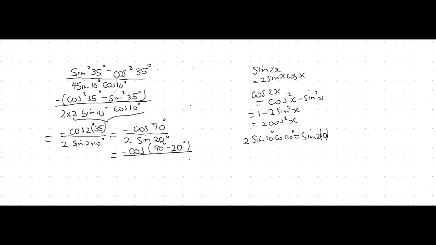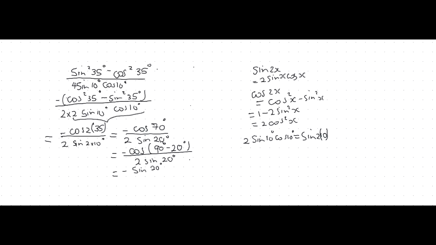As we know, when you are using the reduction and you find yourself having 90 degrees as the angle that is here, you are going to use the reciprocal, which is sine in this case. The reciprocal of cos is sine. So we are dealing with the first quadrant, and everything in the first quadrant is positive. So there won't be a sign change. And the sign that you use is usually for the original, not the one you are changing to. So it's minus, then I'll have sine 20 degrees.